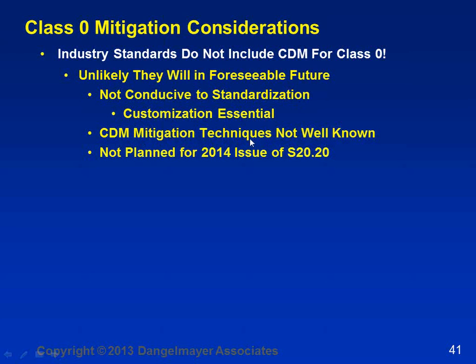And as we've said, CDM and its mitigation is not well understood, and will not be included in the 2014 issue of 2020. In other words, the 2020 will have some improvements, but they really don't do much for CDM. Even though the scope is going to now mention CDM, very little has changed in that regard.